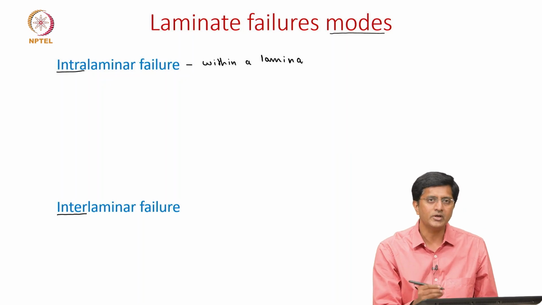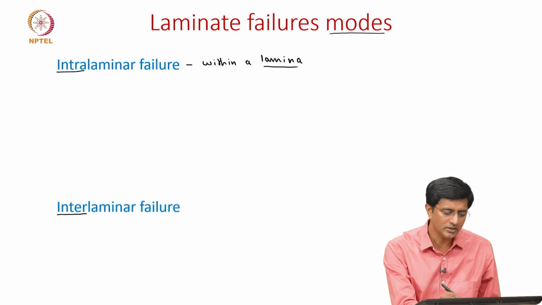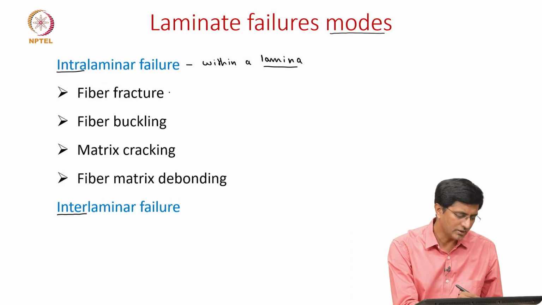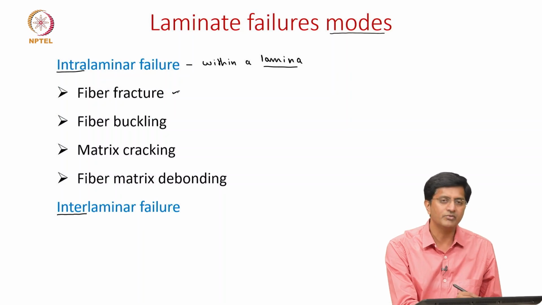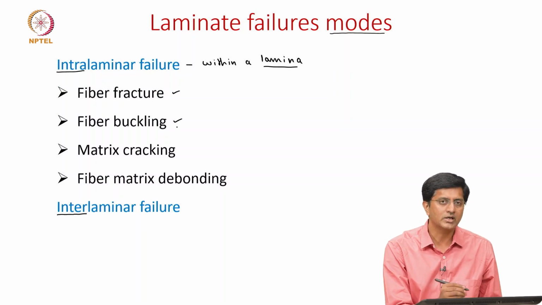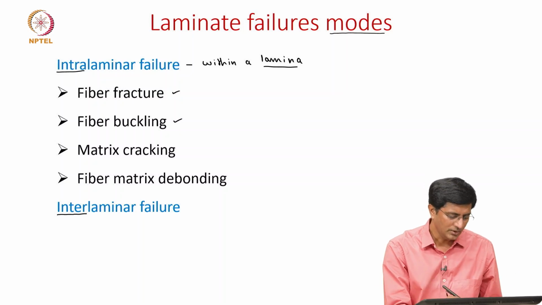Within a lamina, we have already discussed at length the different failure mechanisms as well as the different failure criteria one can apply to predict failure within a lamina. Just to recap, fibers can either fracture when we apply tensile load, or fibers can buckle, which usually occurs when we apply compressive load to the composite.